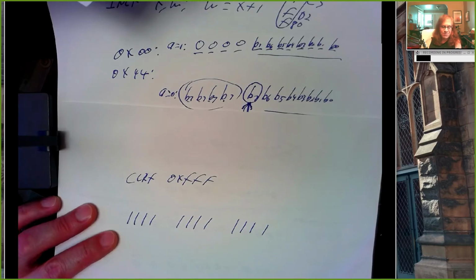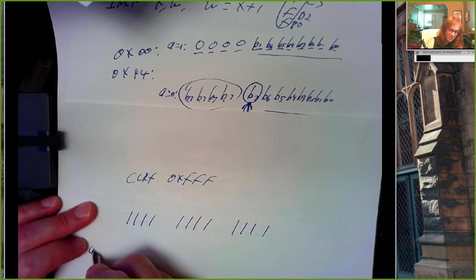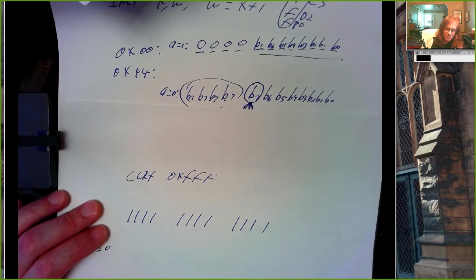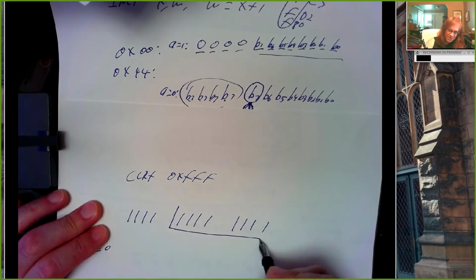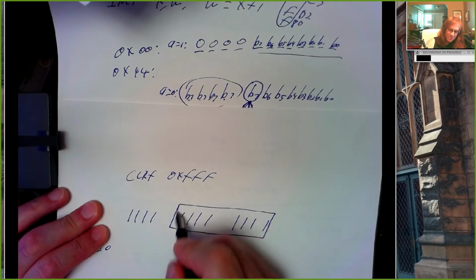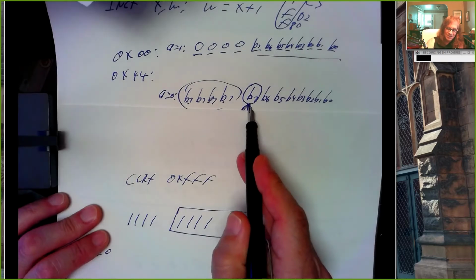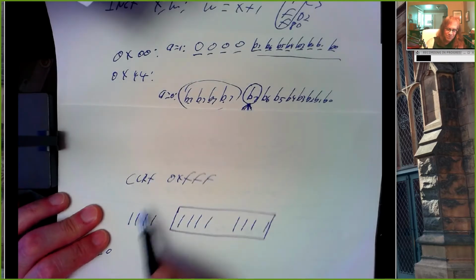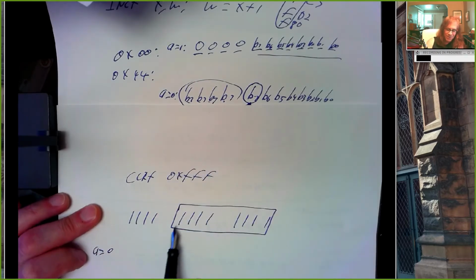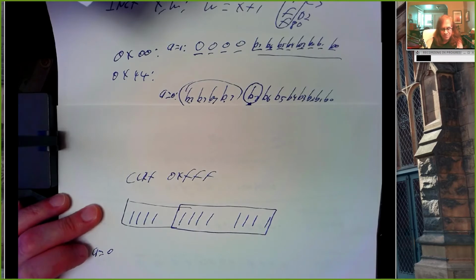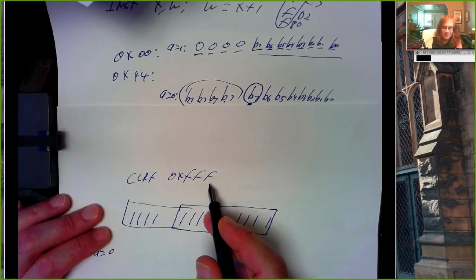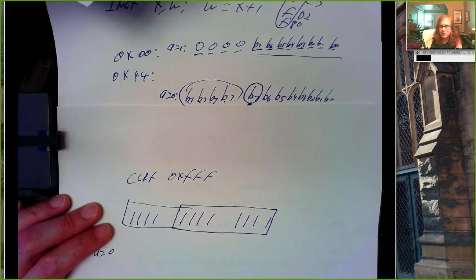But if we set A equal to 0, maybe we'll get lucky. So if we set A equal to 0, and we specify these 8 bits, what does this say? It says take this leftmost bit 1, replicate it over here. So this 8-bit pattern with A equal to 0 will give us this 12-bit address. So yeah, to clear hex FFF, we want to set A equal to 0.